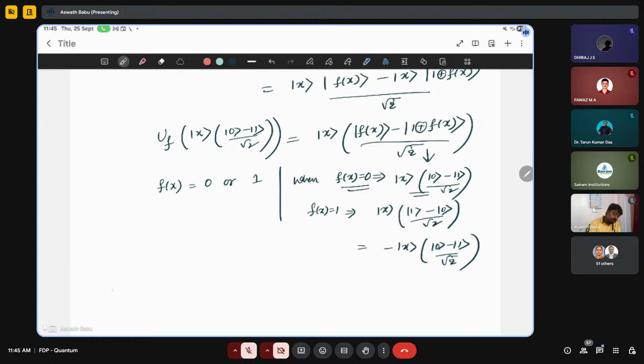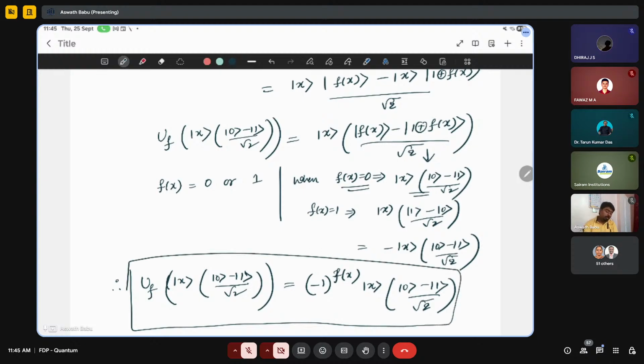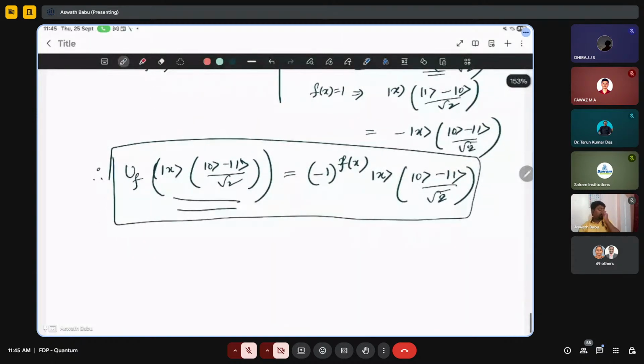So I can simplify this in a very handy notation, which is equal to minus 1 to the power of f of x, x ket, 0 minus 1 divided by square root of 2. So this is a unitary functional gate acting on some arbitrary control with a target in a negative superposition. Parity 0 minus 1 is what I'm calling a negative parity superposition. Okay, so this I have.